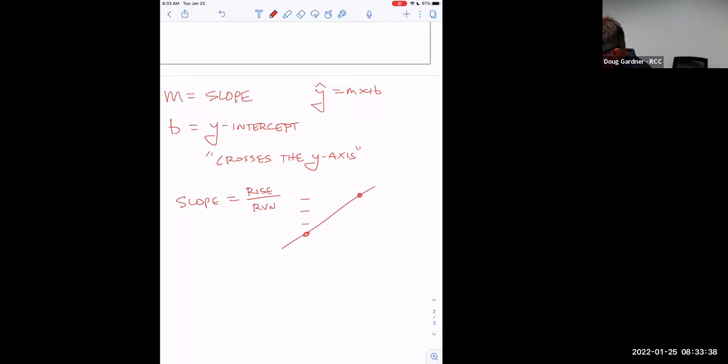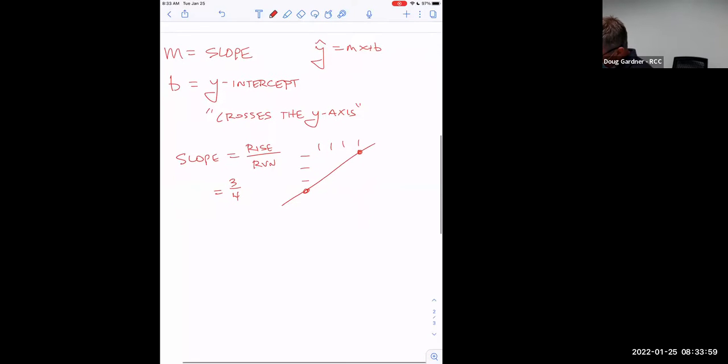So there's a rise of 3, and then a run of 1, 2, 3, 4. So what's powerful is, does it make sense? Rise is going in this direction, in the Y direction, and the run is going in this direction, in the X direction.